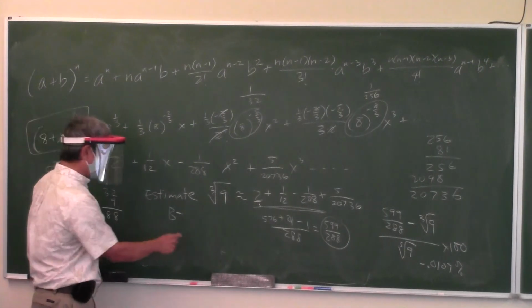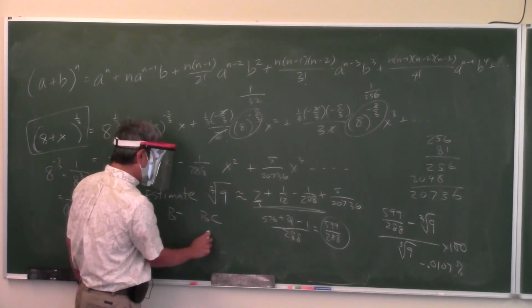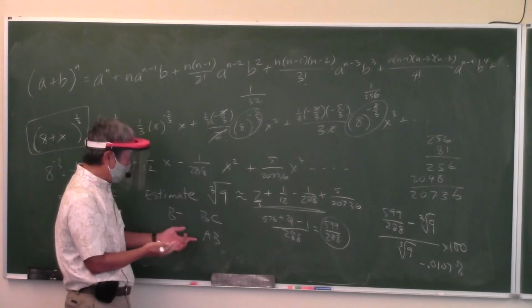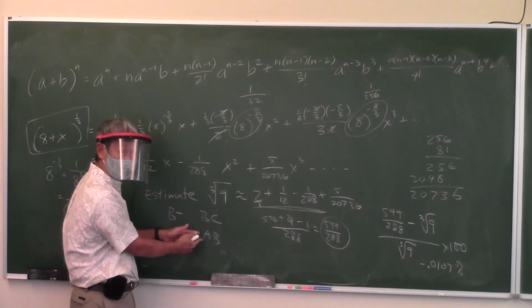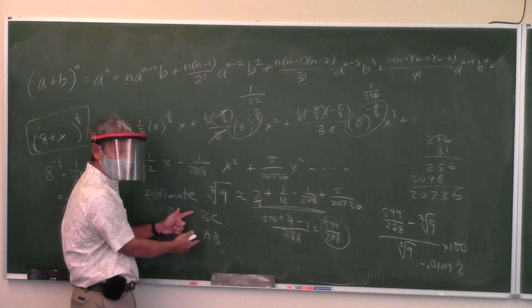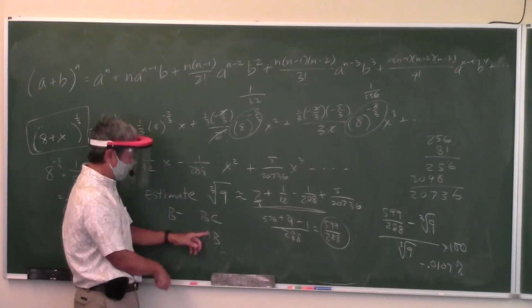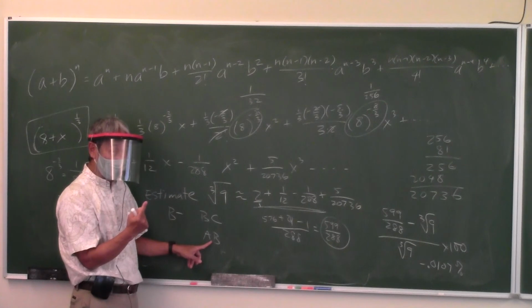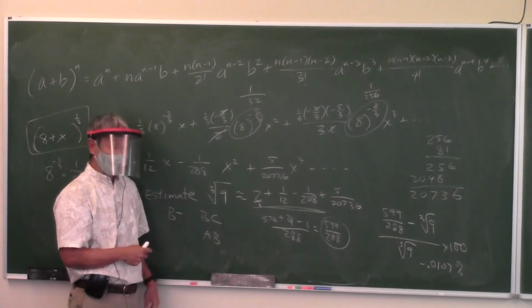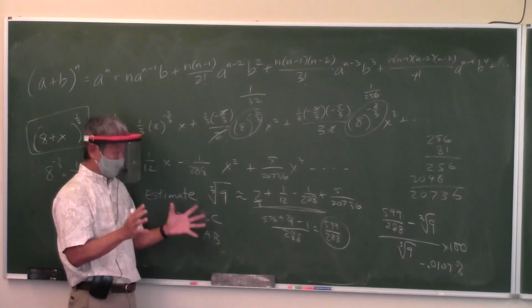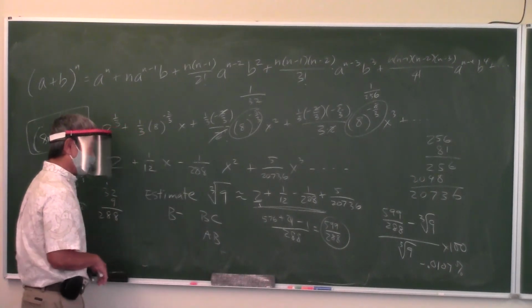So what is the difference between BC and AB? It's kind of like regular and honors, although this is an AP class. You get 5.0 for each class. It doesn't matter. Except this one, you only get 1 semester of college credit. This one, you will get 2 semesters of college credit. So if you can get to BC, you should take it.